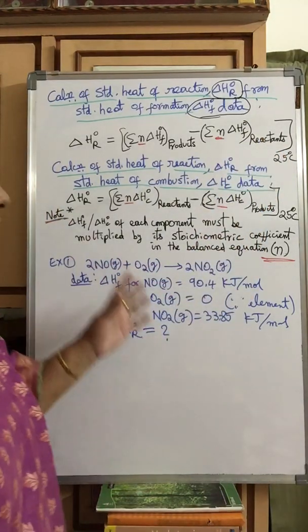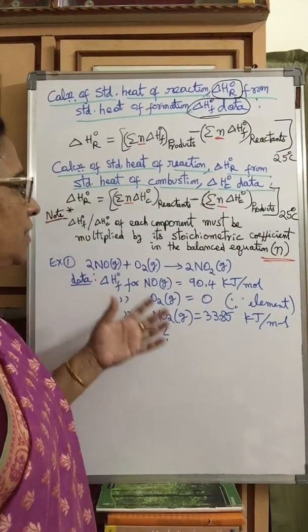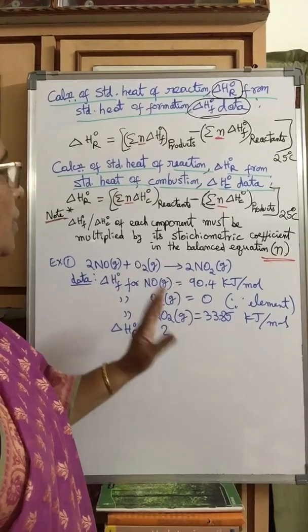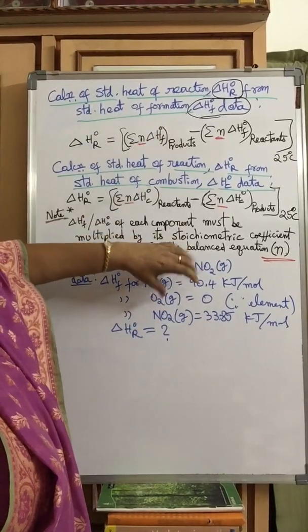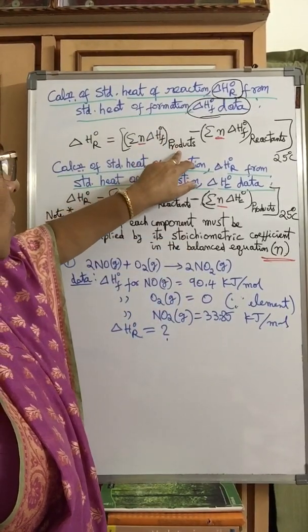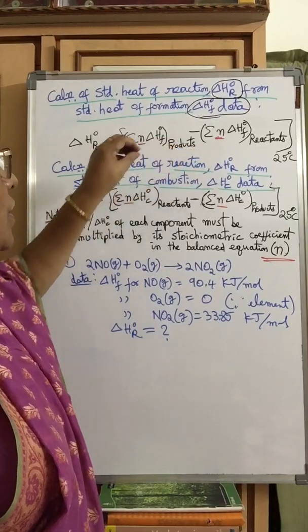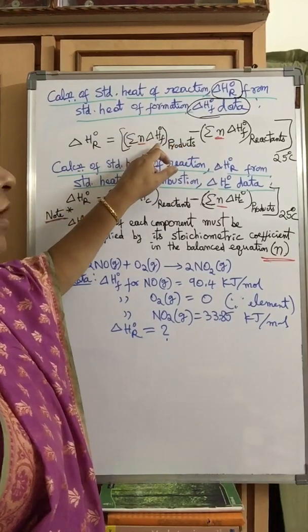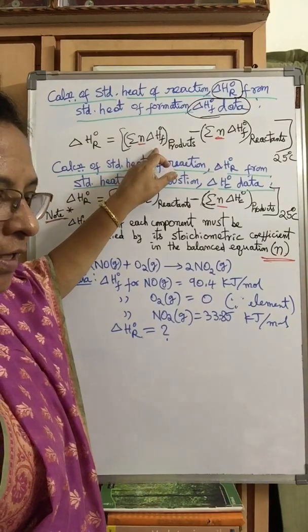That is, when a reaction is given, like A plus B gives R plus S, for each product you take the heat of formation.